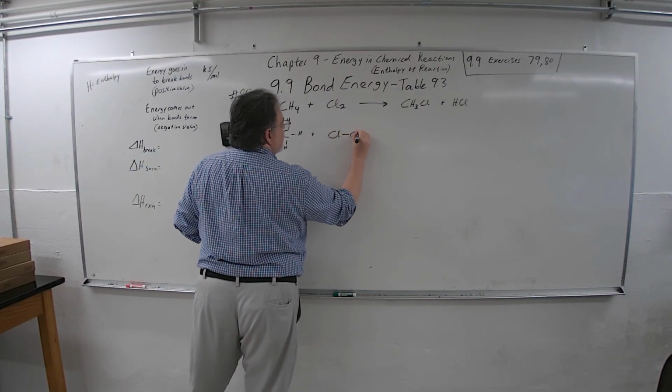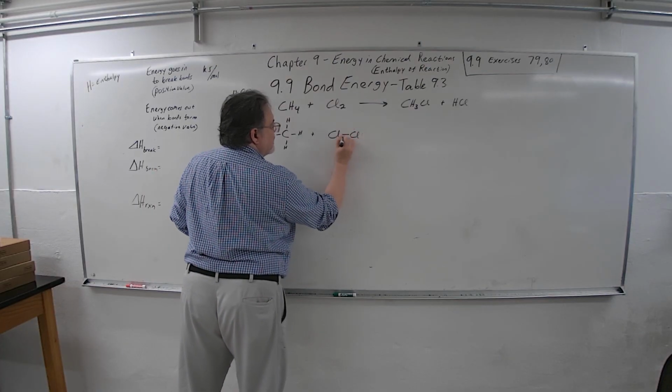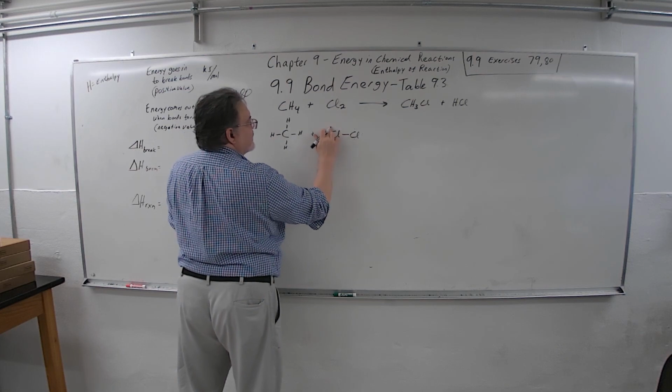Cl2 just looks like that. If you did the Lewis structure, you would have that, but we don't need to fill those in.